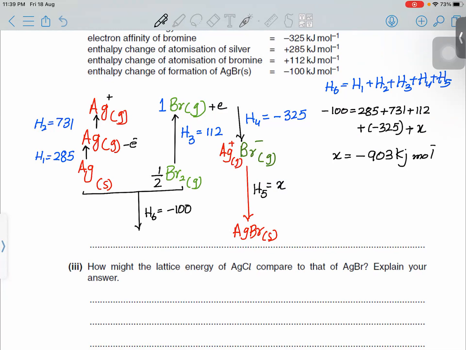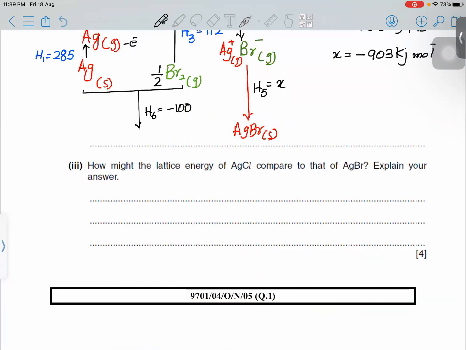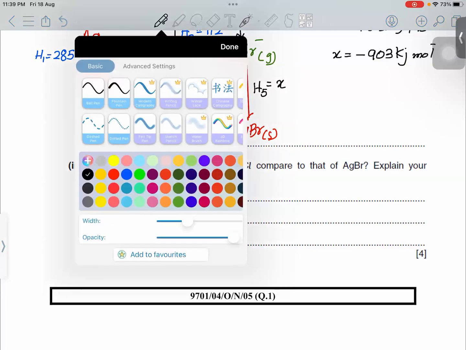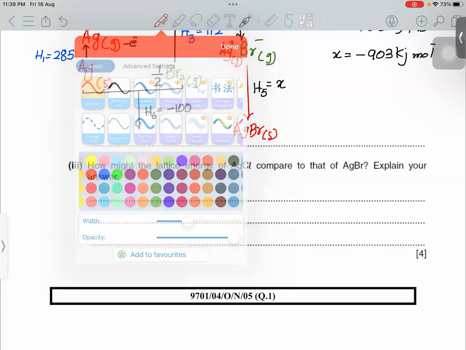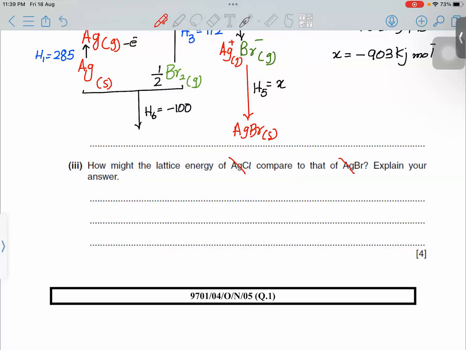Now, can you compare these two, AgCl and AgBr? Can you tell me which factor is cancelled out? So silver is cancelled out. So you have Cl minus and Br minus.